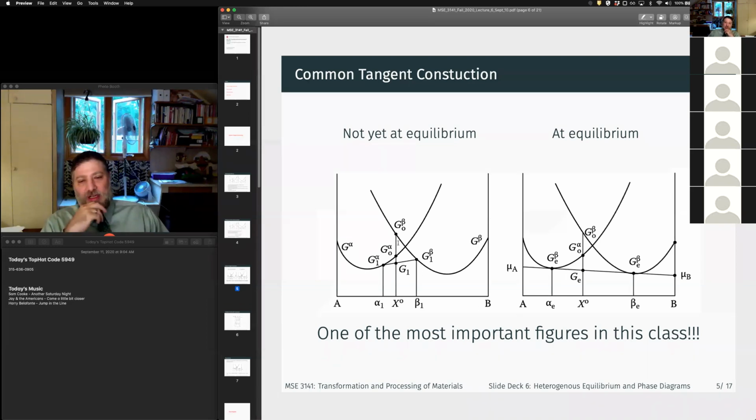So if we're at equilibrium, let's take a look at this picture where we've just started to separate. If I'm at alpha of this composition, what's my chemical potential of B? I draw my tangent over to here, so my chemical potential for B is way up here. And what about in beta?